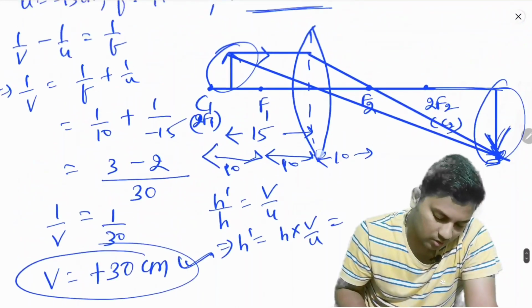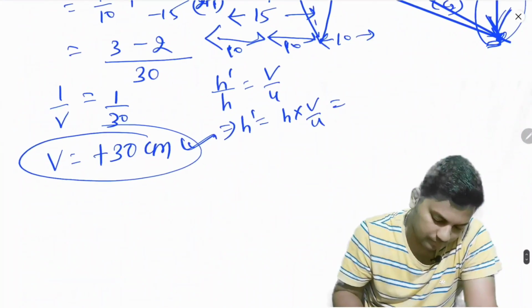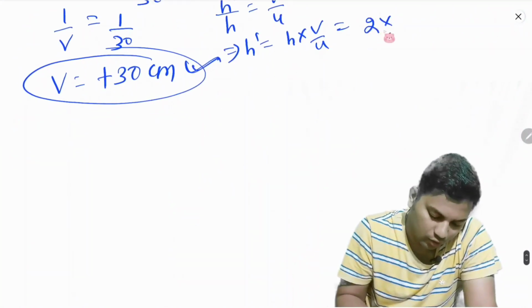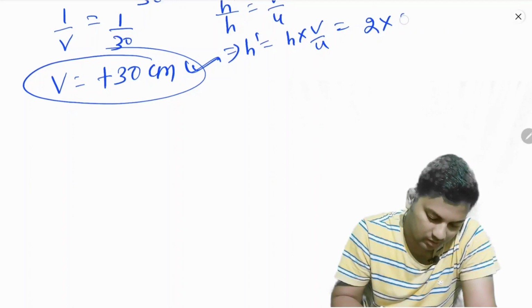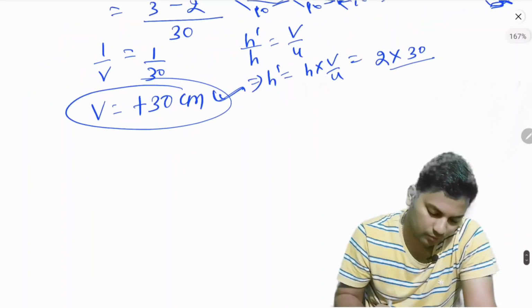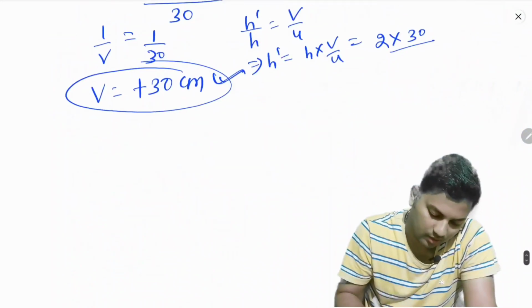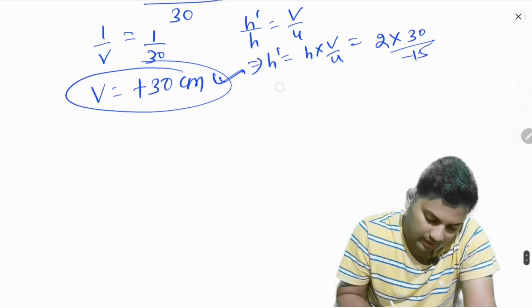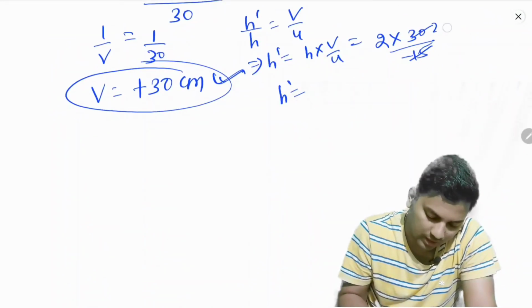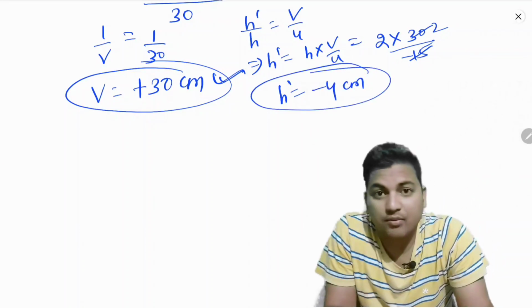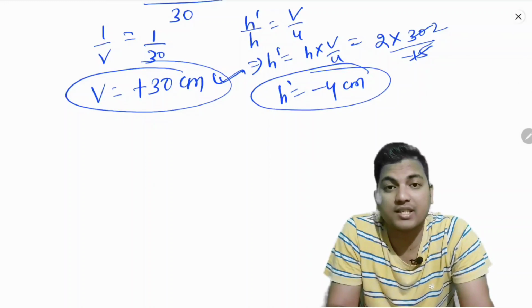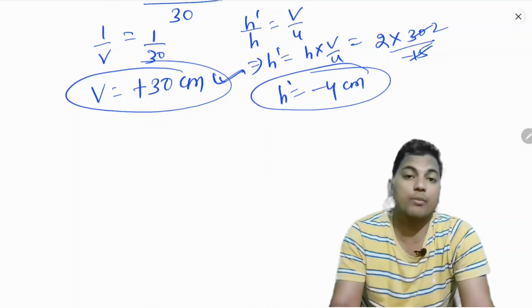Here h is given as plus 2, so h dash is equal to 2 into 30 by u, and u is minus 15. That means h dash is equal to minus 4 centimeter. Why minus 4? Because it is real and inverted.